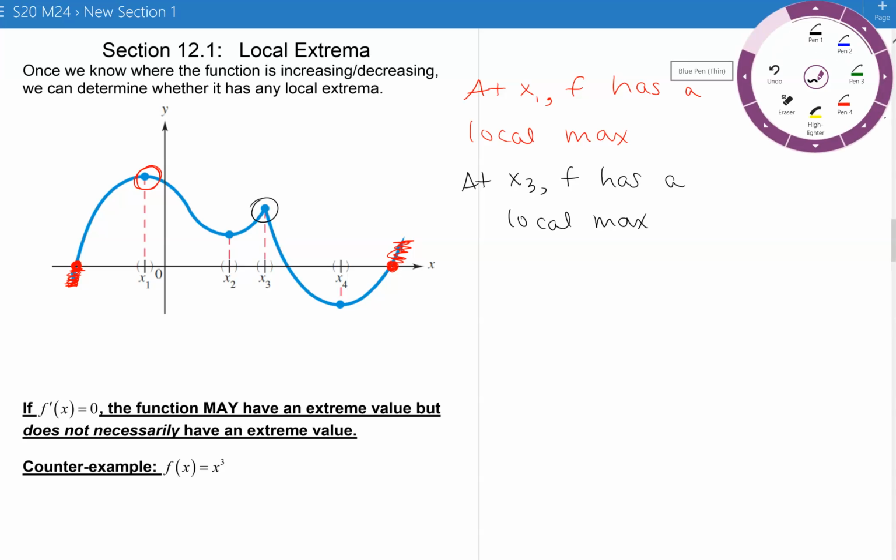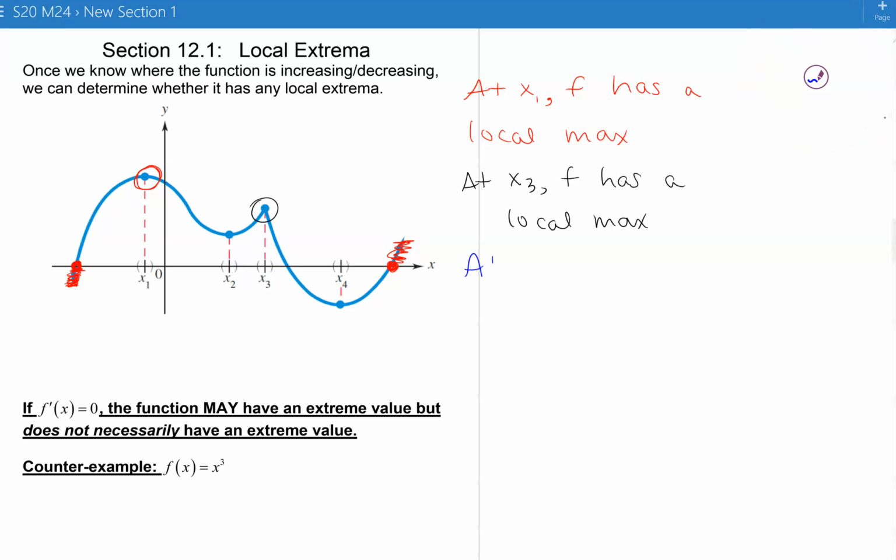But then we have another term that we use, and we would say at x1, f has an absolute max. So that's the very highest point you ever get to on this function you're looking at. So local max is in your neighborhood. Absolute max is I'm looking everywhere, and that's the very highest point.